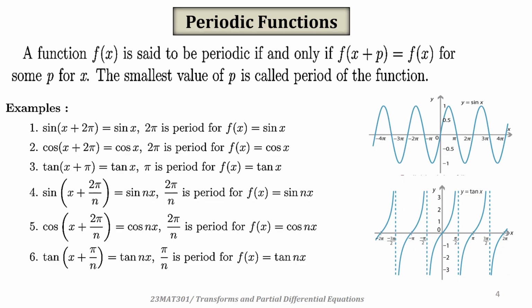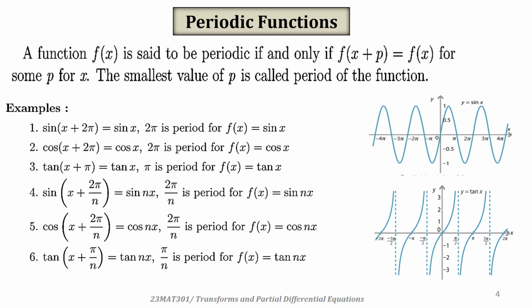For y equal to sin x, one wave starts from 0 and ends at 2 pi. Likewise, the next starts from 2 pi and ends at 4 pi. So every 2 pi, the way the wave forms is equal, from 0 to 2 pi, then 2 pi to 4 pi. So the period of sin x will be 2 pi.